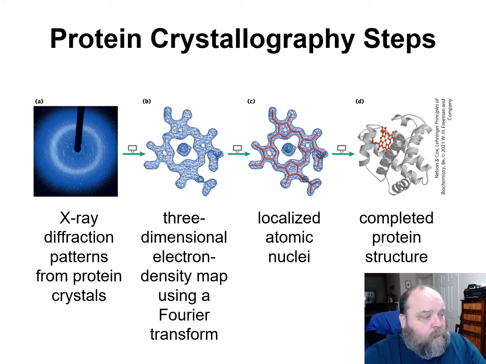And then you go through and put all that data into a computer, and voila, it gives you D. Here's a ribbon model, which we've seen before: alpha helices, beta strands, and anything that may be held within. What you're looking at here is myoglobin. The red in that thing that's in the center of the ring here, that's the heme.